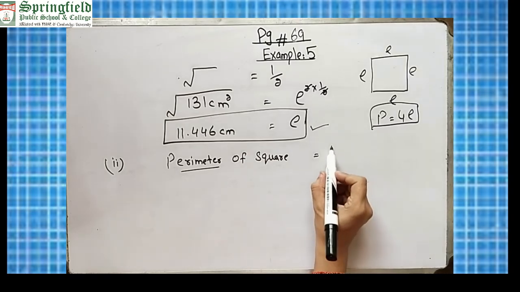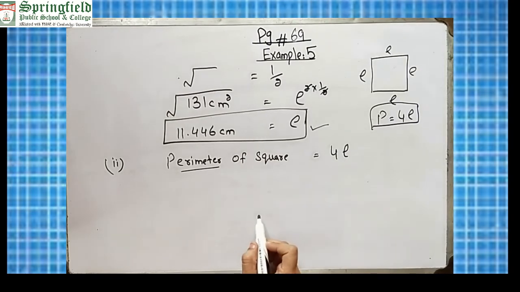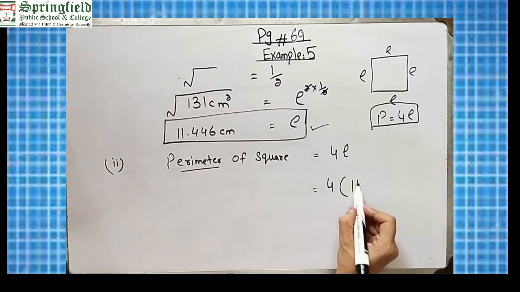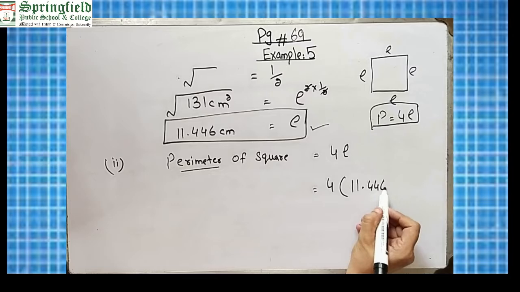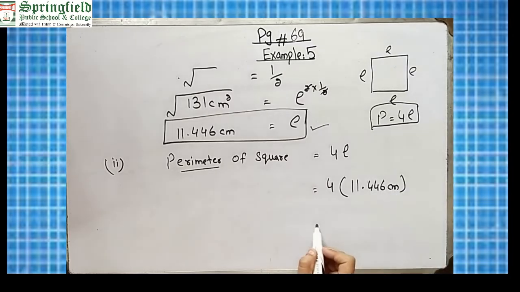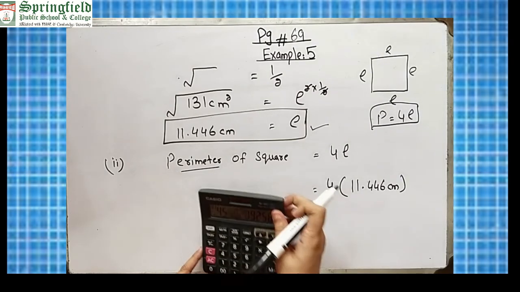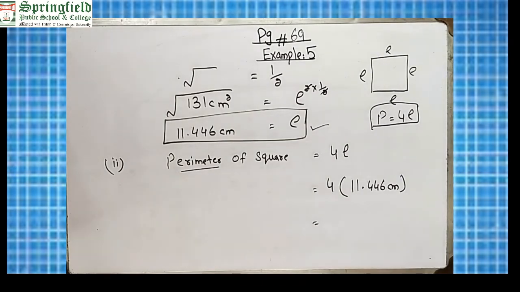Now write down 4L and put the value of L here, 11.446 centimeter. So multiply with 4, 45.78. 45.78 centimeter.